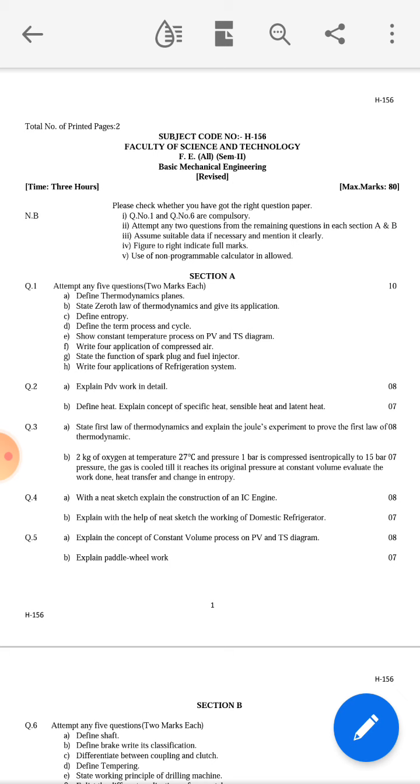Next, in the ice cream parlor, right? Next, to maintain water temperature or cold water, right? These are the 4 applications of refrigeration system.